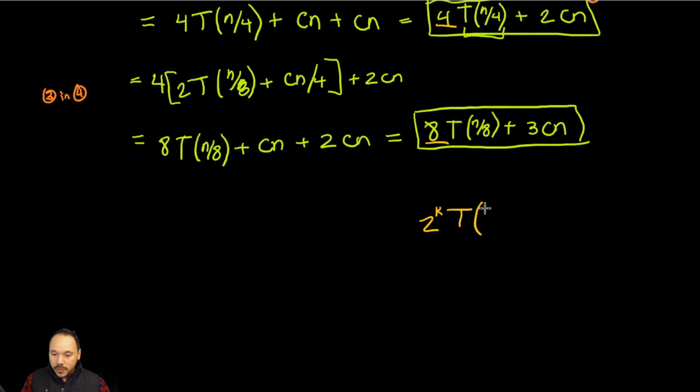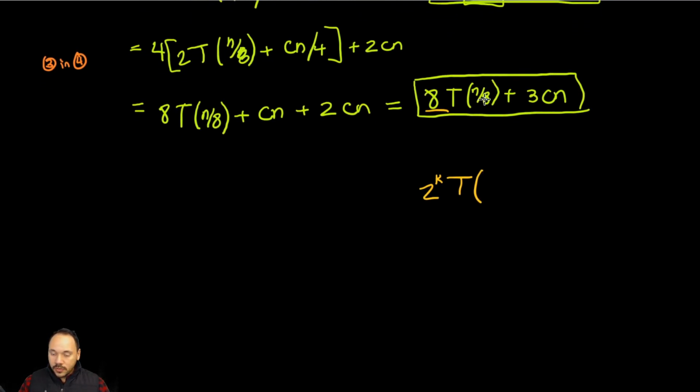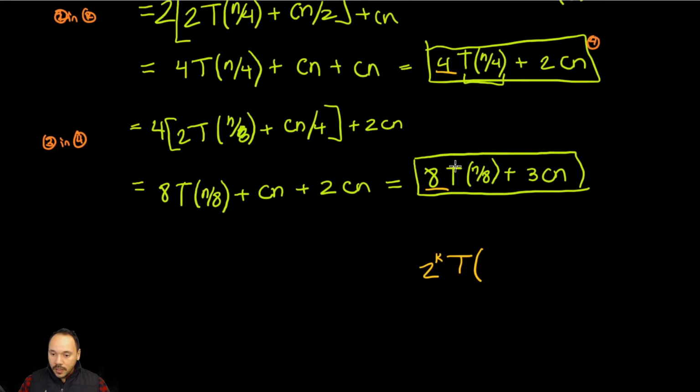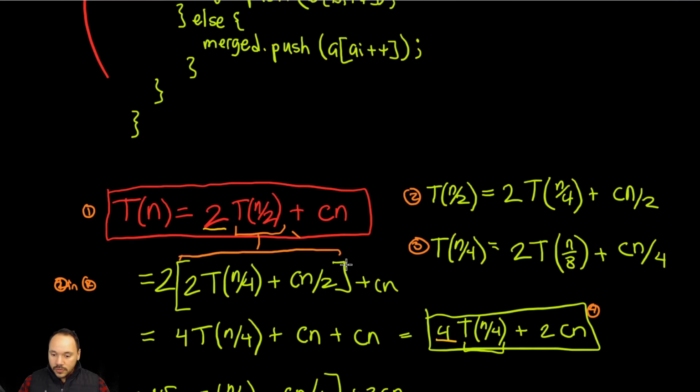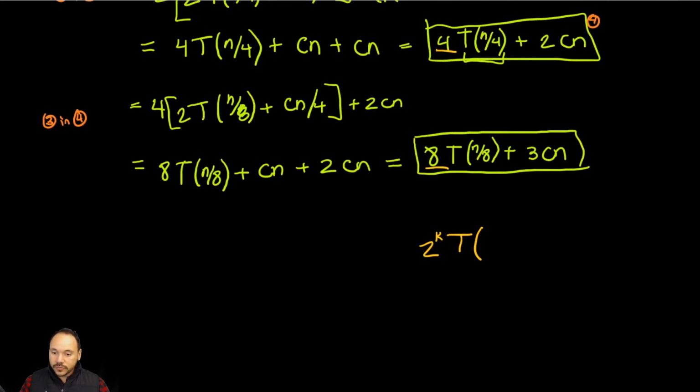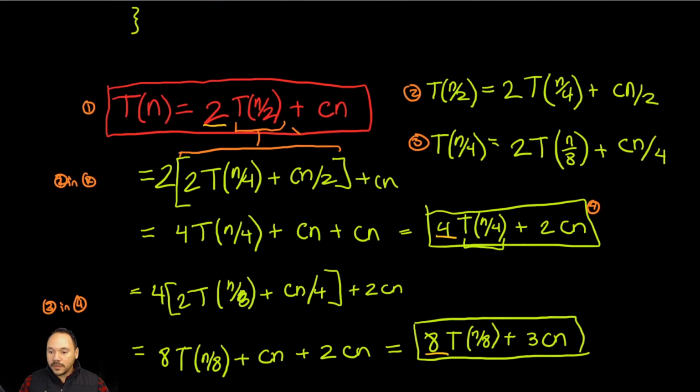Then we have this expression, and also this number is growing by the same, n by 8, n by 4, n by 2. So every time is power of 2. So we know the next time will be probably 16 Tn divided by 16 plus, and this one is growing by 1.